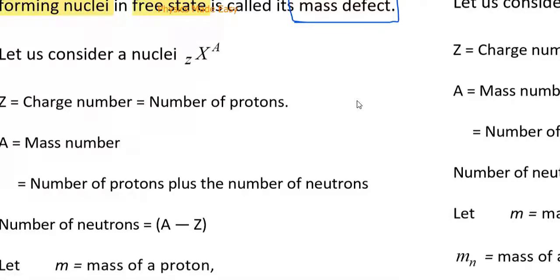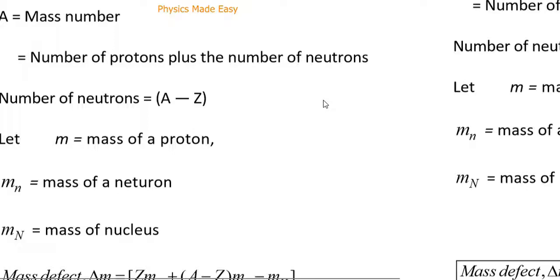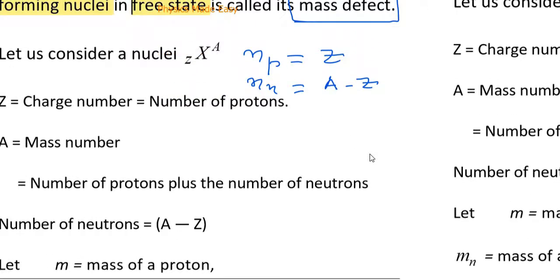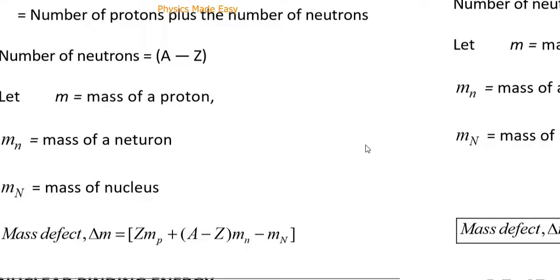The number of protons, NP, will be equal to Z. The number of neutrons, NN, will be equal to mass number minus Z. Now, let mp be the mass of proton, mn the mass of neutron, and capital M the mass of nucleus.